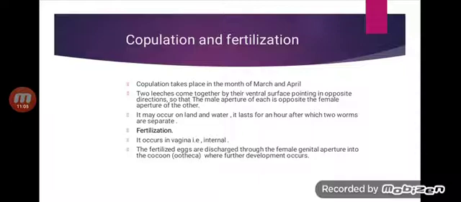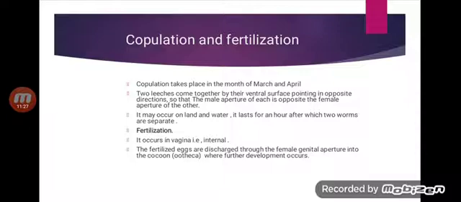And its gland secretes a frothy girdle which hardens to form a cocoon. The clitellar glands secrete albumin into the cocoon, used as nourishment for the developing embryo.